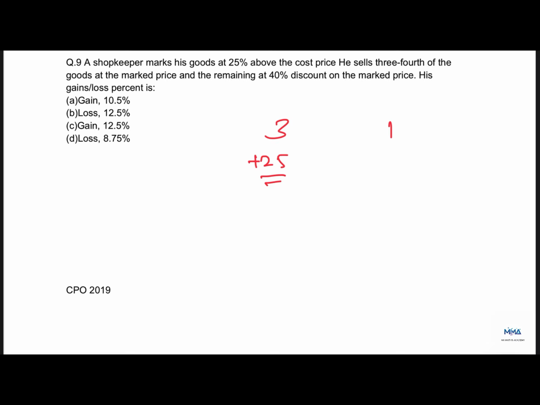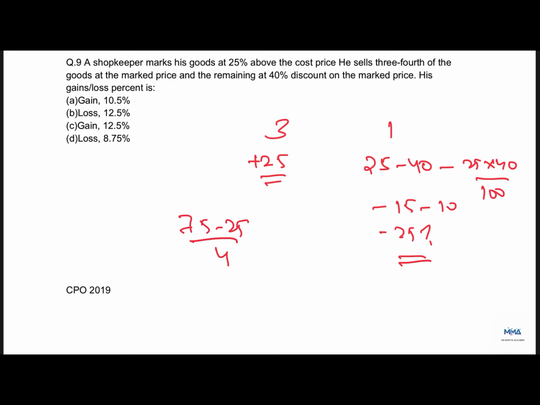And this is going to sell at 25 minus 40 minus 25 into 40 by 100, which is going to be minus 15 minus 10, which is minus 25%. So the resultant percentage is 75 minus 25 by 4, which is 50 by 4, a profit of 12.5%.